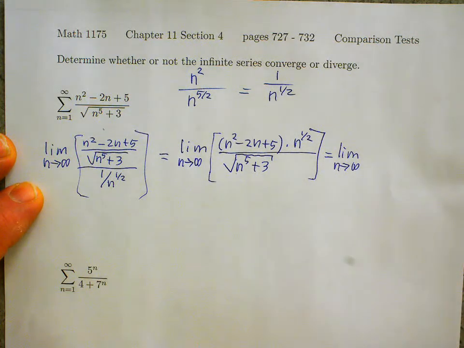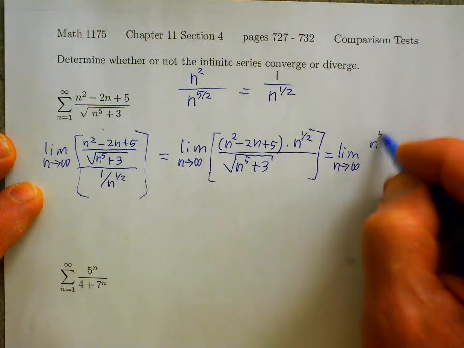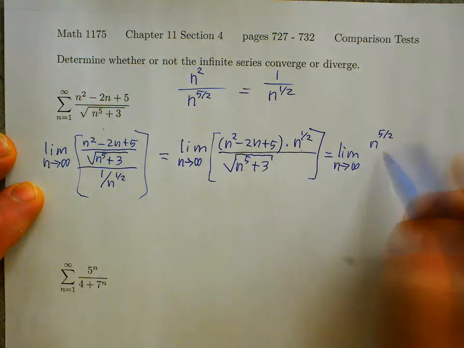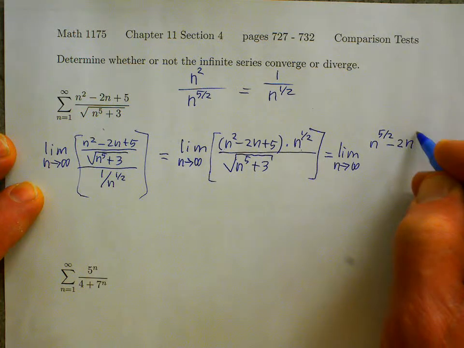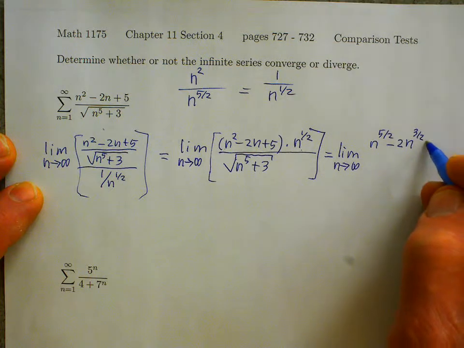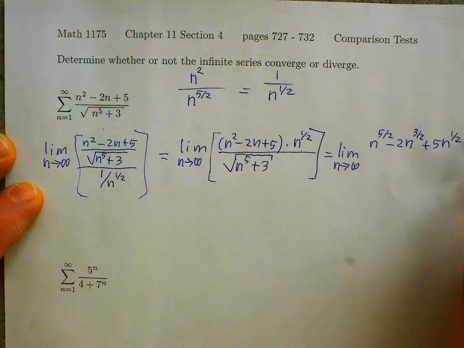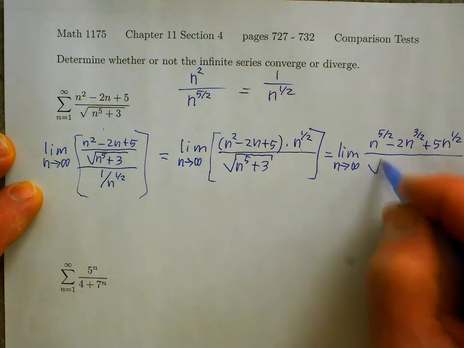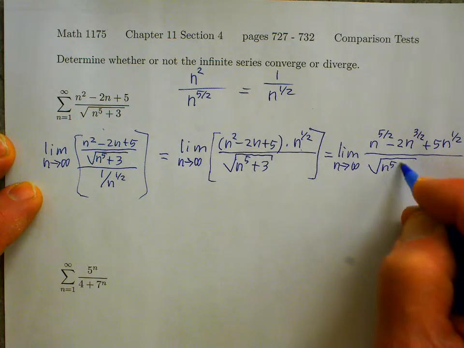Okay, so in the numerator, we get n to the 5/2, because n to the second times n to the 1/2 is n to the 5/2, minus 2n to the 3/2, plus 5n to the 1/2, divided by the square root of n to the fifth plus 3.